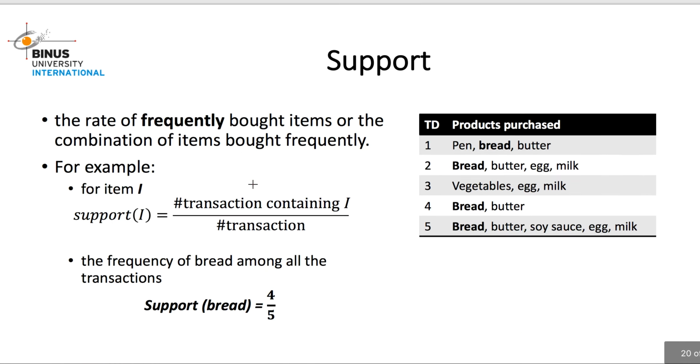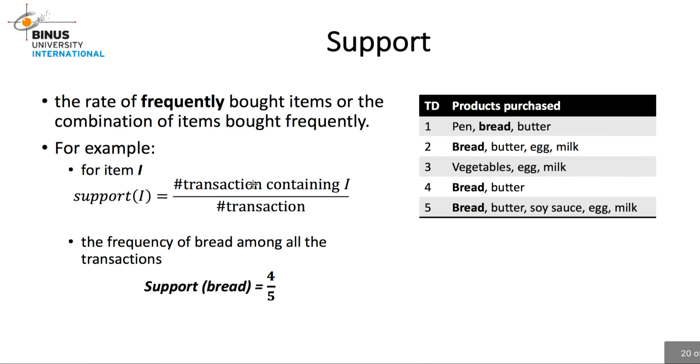Let's see support. What is support? Support means the rate of frequently bought items or combinations of items bought frequently. So it's like probability. This is the formula: support of item I equals the number of transactions containing item I divided by the whole number of transactions. This is easy because we just calculate how many times this item is bought in the whole transactions.